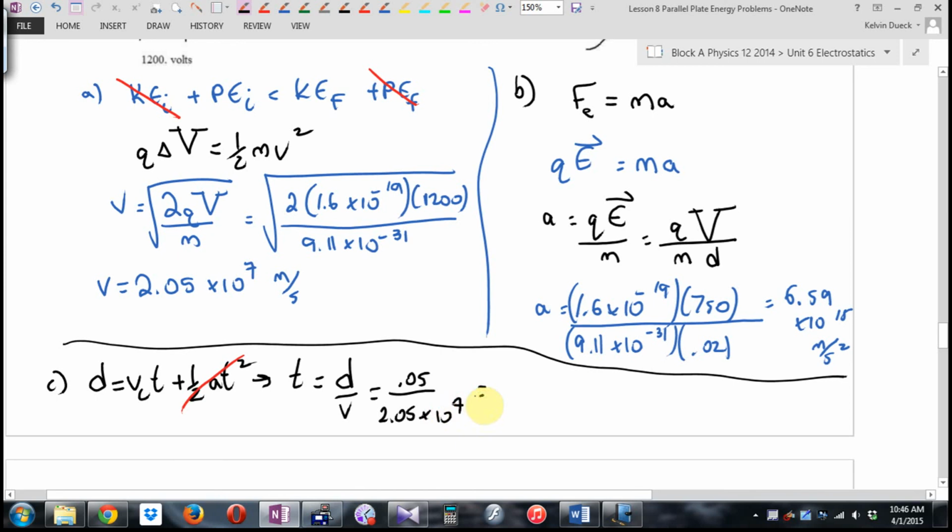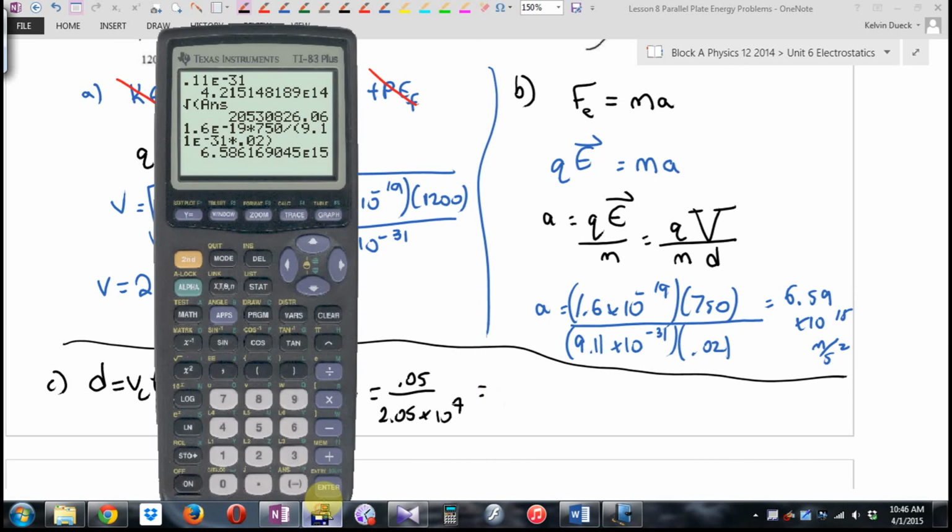By the way, of course the time's going to be really small. It's not like you notice the electrons traveling onto your screen. As far as you can tell, they get there instantly. They don't, but it's not like your brain can detect it. You get 2.44 times 10 to negative 9 seconds.